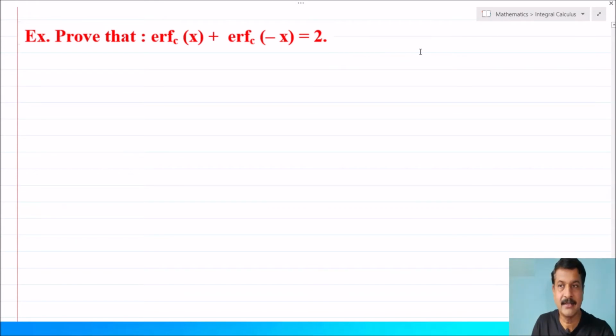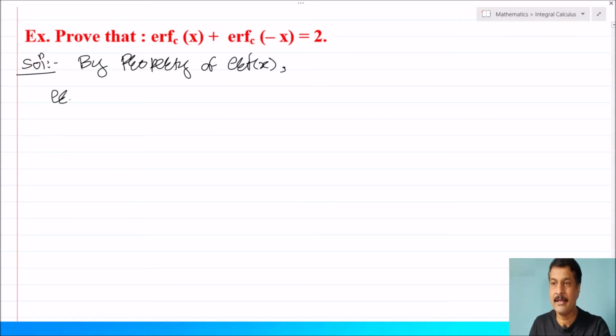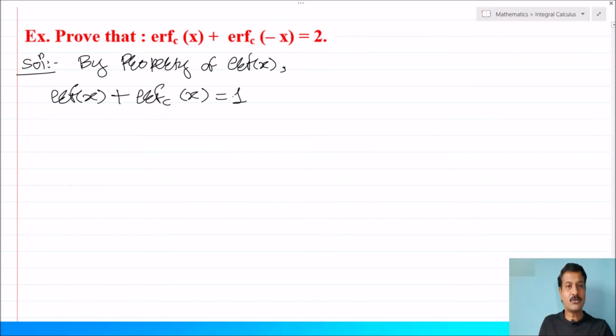Now next, prove that complement of error function of x plus complement of error function of minus x equal to 2. It's very simple. As we know, property of error function of x plus complement of error function of x equal to 1. It means that error function of any x plus complement of the same is equal to 1. This is equation number 1. Now same thing I can write for minus x.